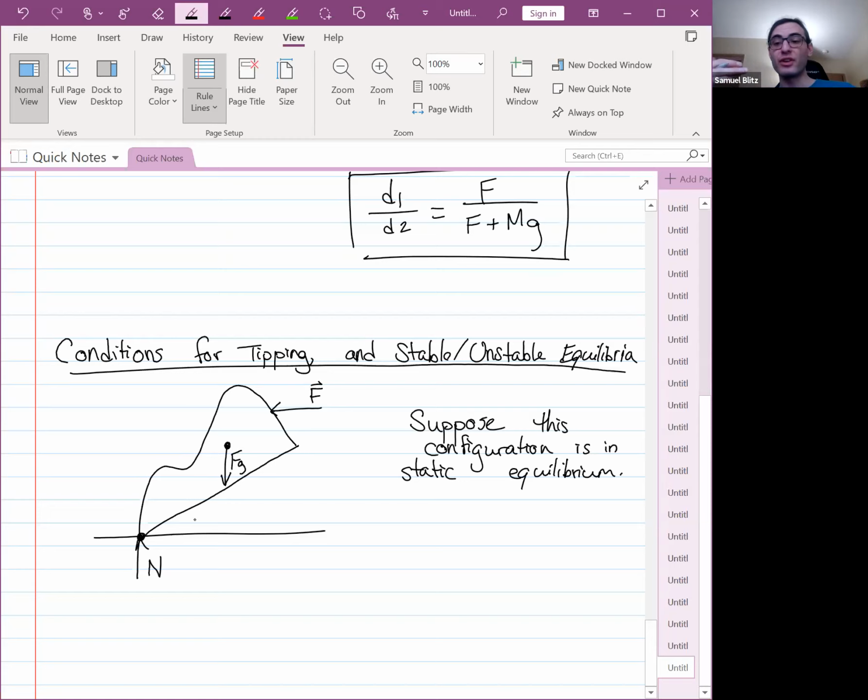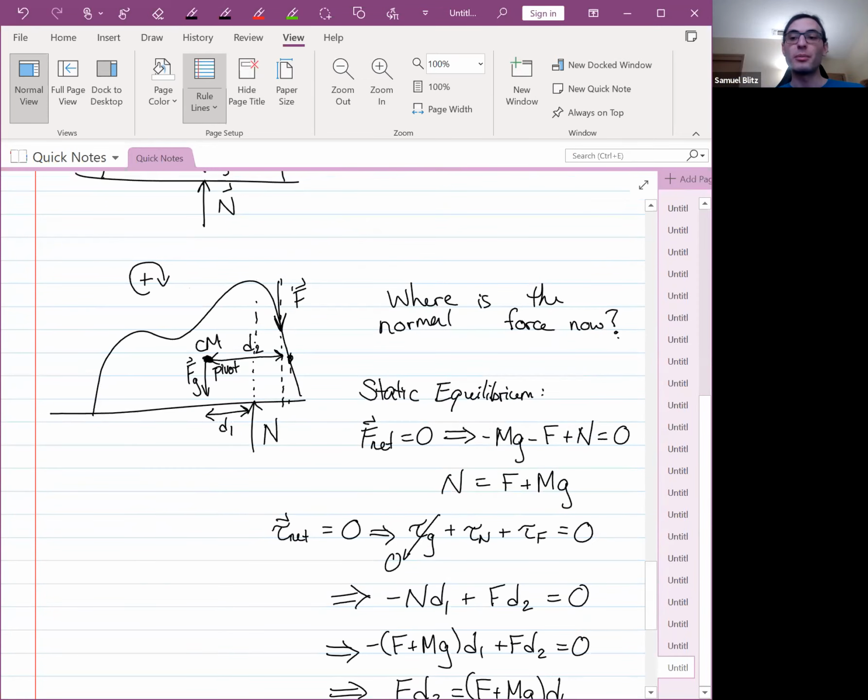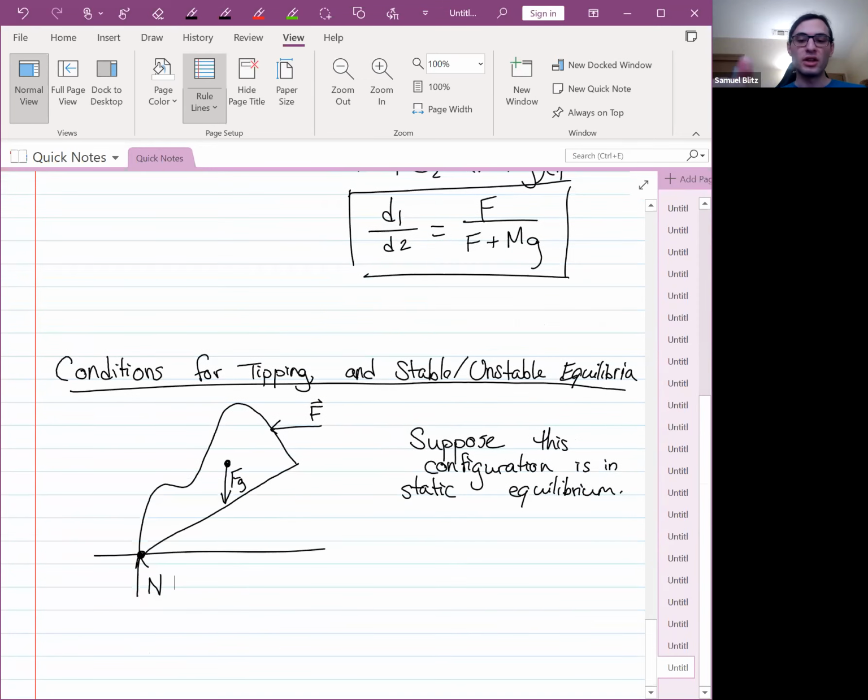So if we change what F is away from the value that it had in the static equilibrium situation, then the object can't be in static equilibrium and cannot adapt and move around like it could in the earlier case, depending on how hard the force is being applied here.